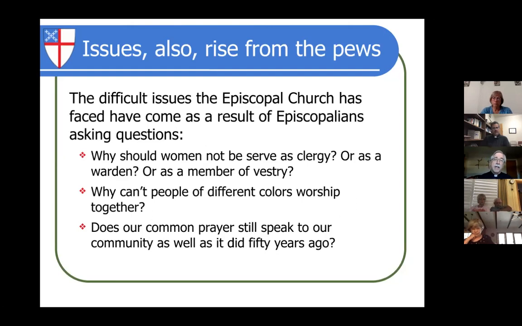So questions like, why should women not serve as clergy or as a warden or as a member of a vestry? These were all questions that arose, and the church made decisions about that made considerable difference in the ways that the church governance happened.